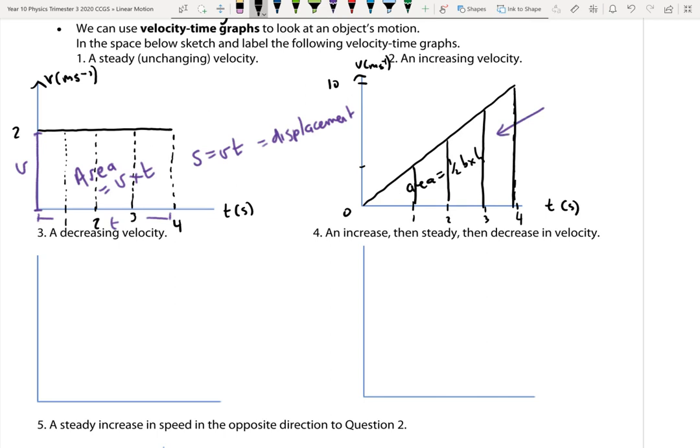And that is true. If you're accelerating, you travel more distance in the next second than you did the previous second. Well, let's just quickly do a half base times height. That's going to be a half of 4 times 10. That's going to be 20 meters. Okay, so the area under that, in that 4 seconds, they travel 20 meters.